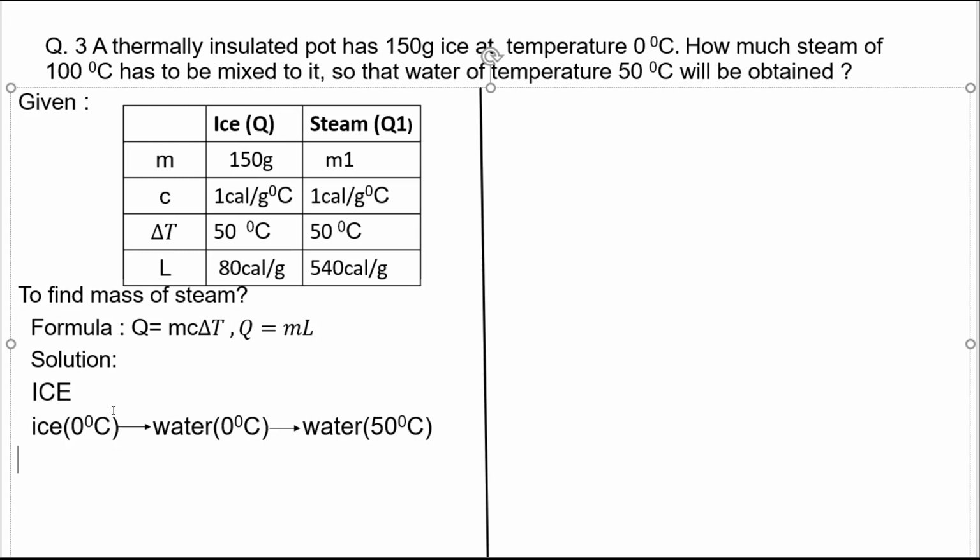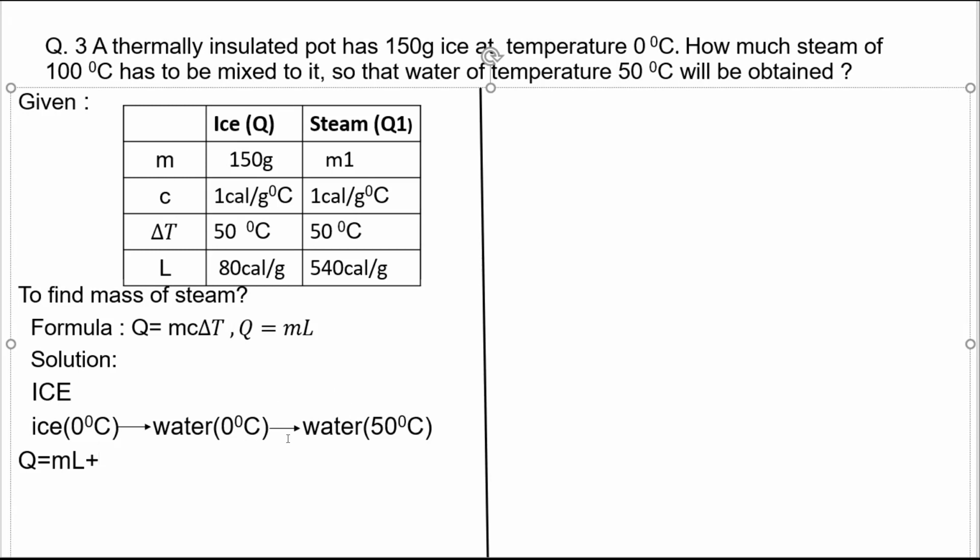Here ice at 0 degree is converting to water at 0 degree. Temperature remains constant, but ice gets converted to water. That means solid became liquid. Phase is changing, but temperature is constant. So we have to use which formula? Q is equal to mL. Plus, water at 0 degree Celsius will get converted to water at 50.